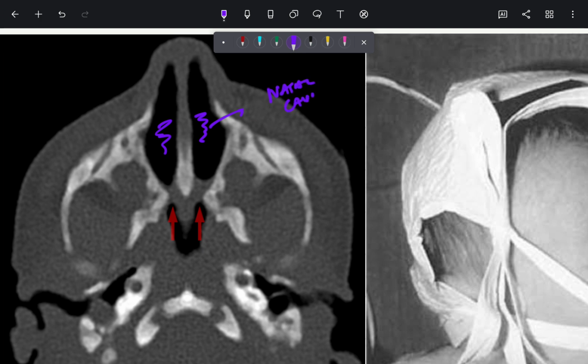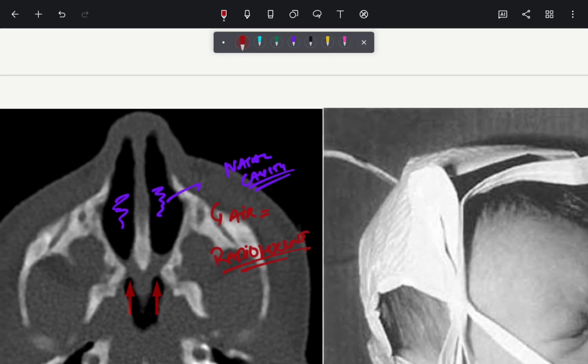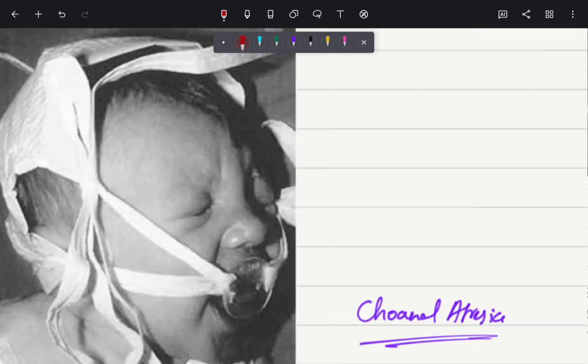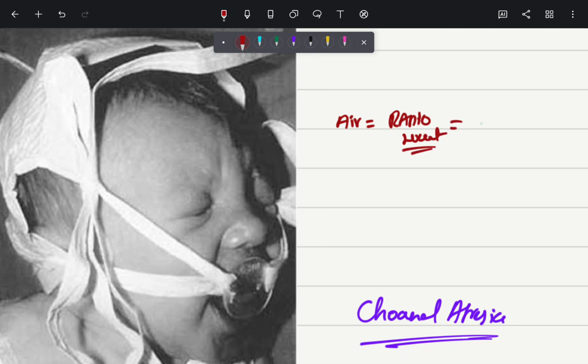Okay, air always appears radiolucent. Let me draw that one here. Lucent means dark. Air appears dark or black in color.